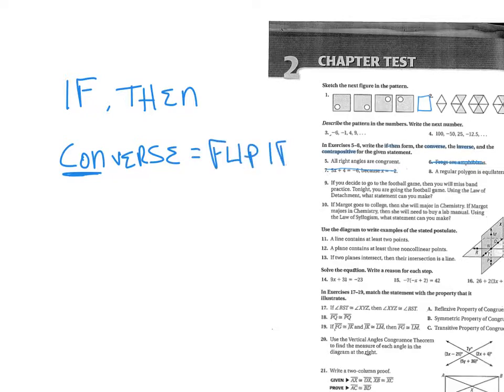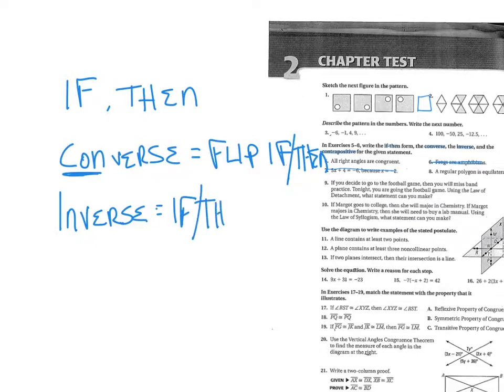The inverse, we're going to add some form of no. So take the if-then and add not. The word not, or does not, or is not, or could not, or no. Something that has to do with no.